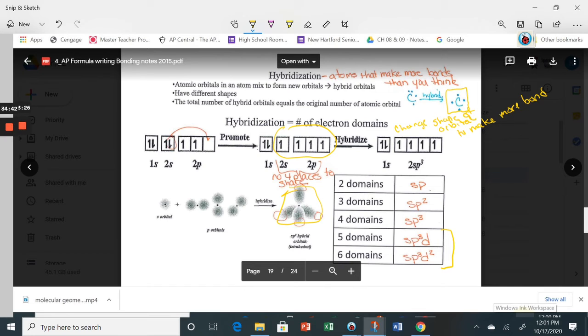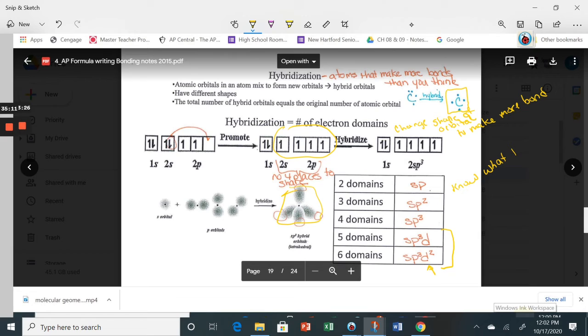There's an argument about whether or not the d orbitals change shape, so they withdrew that hybridization explanation. So now AP sticks to just 4 domains, asking you what's the hybridization on this atom. So you don't need to know shape, but you do need to know what type of hybridization exists on an atom.